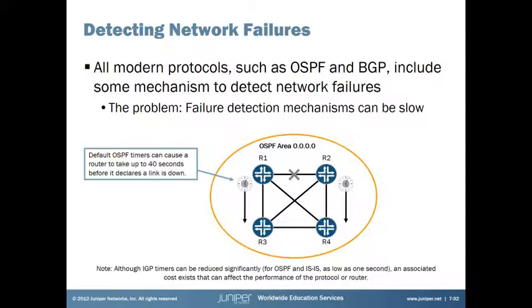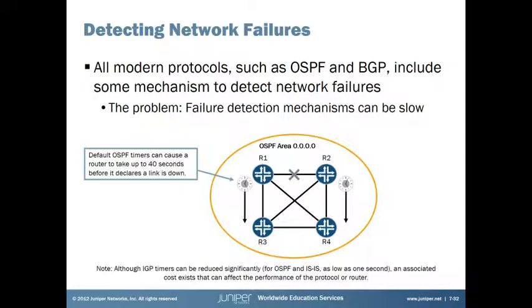A little note here says you can reduce the timers, but the issue is you then end up sending hello packets, instead of every 10 seconds, every 1 second, and you're just sending hello packets like crazy across your network, consuming resources and bandwidth.